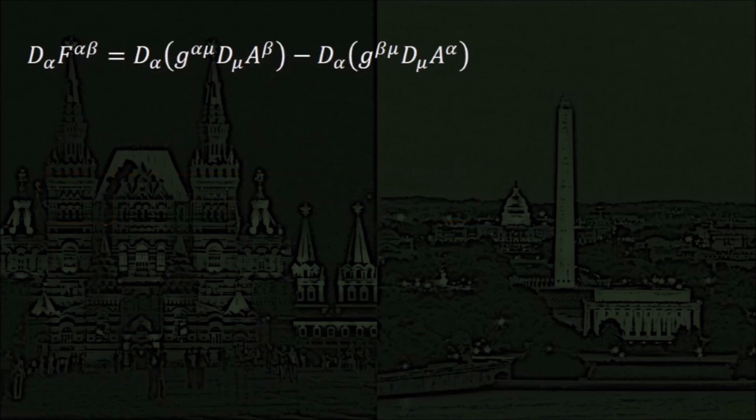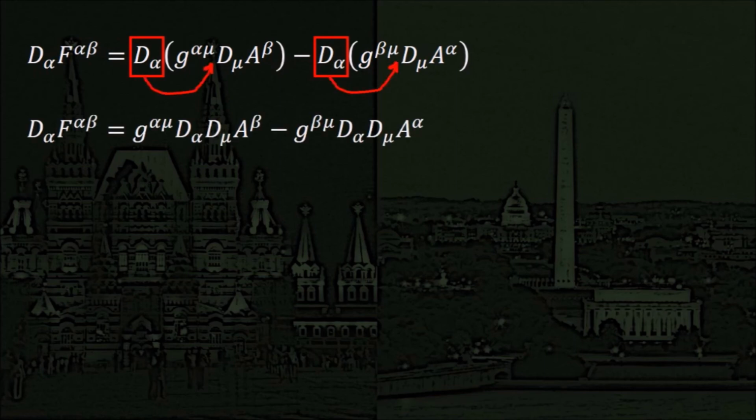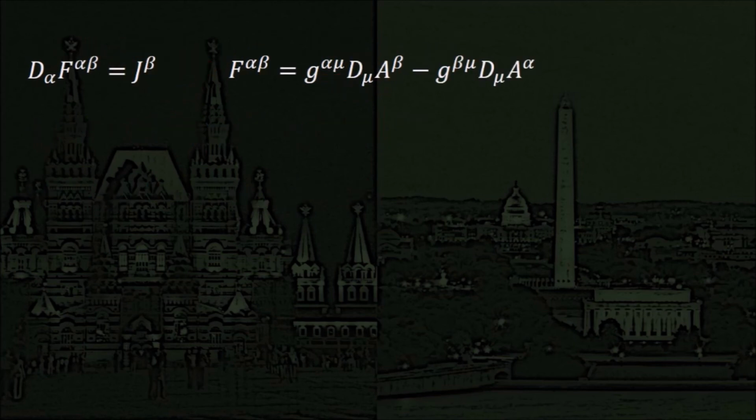We just showed that the chain rule applies and that the covariant derivative of a metric is 0. So we can slip these covariant derivatives past the metric, which leads us back to the original equation. So here's the first set of Maxwell's equations.